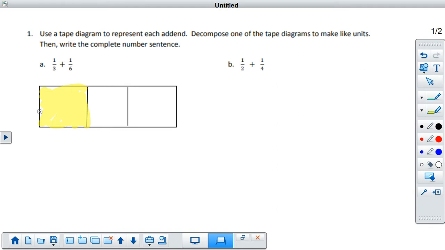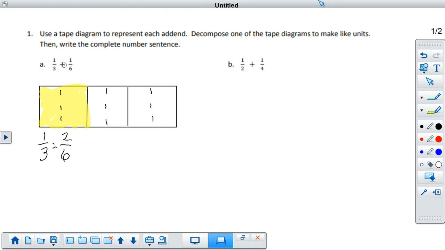It would end up being 2 sixths. So I can either draw a dotted line going down each of the middles to make my sixths like a tape diagram, or I can draw one line going across because that will make 2 equal parts. Either way, my 1/3 that's shaded turned into 2 sixths.